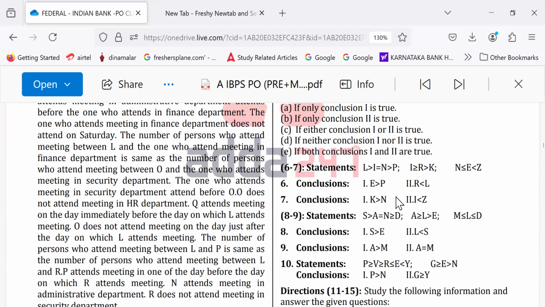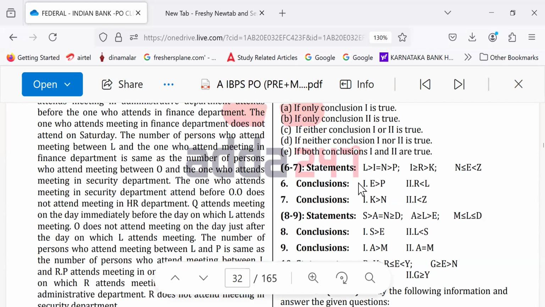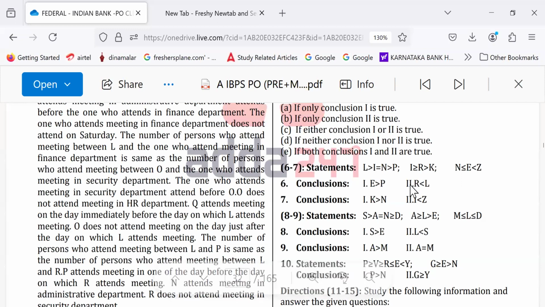Or R is less than L. We should talk only in this way. R is less than L. That is true. So for question number 6, the answer is England. Both are true. Go to question number 7.